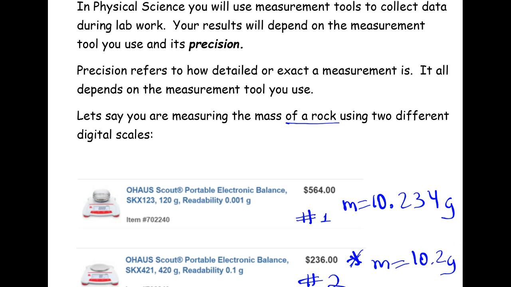You can see the difference here is the number of digits or significant figures the scale gives us for the measurement of that particular rock in grams. By looking at this, we can see that digital scale number 1 is much more precise than digital scale number 2.